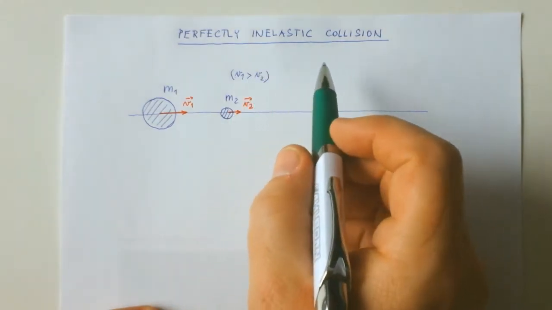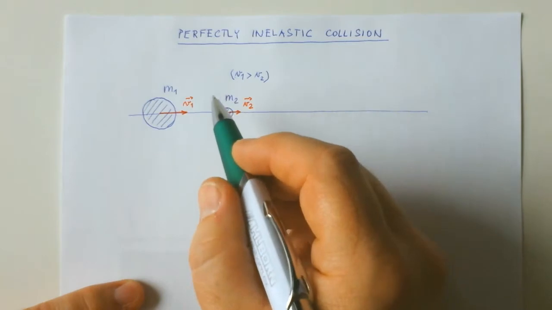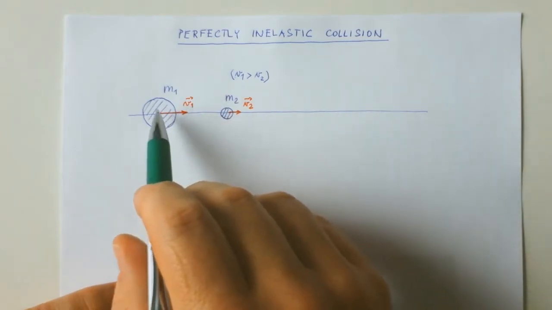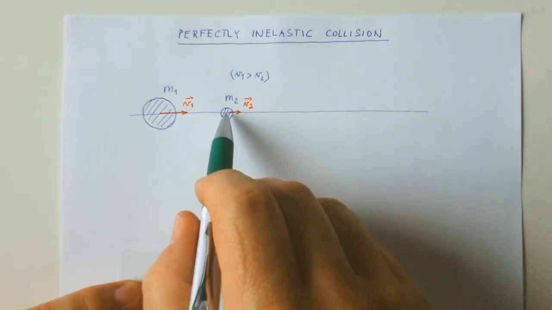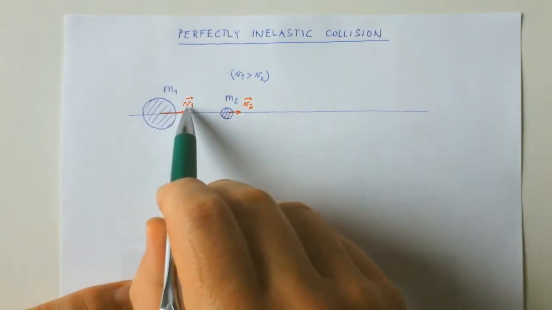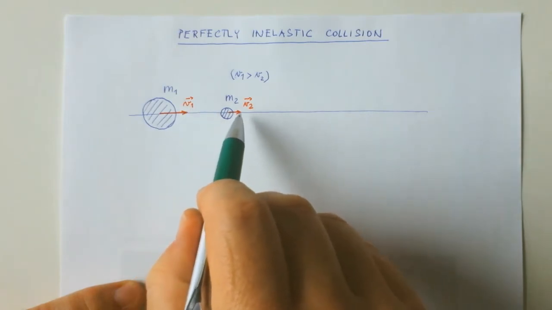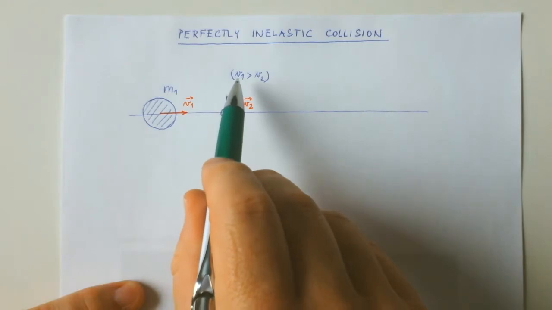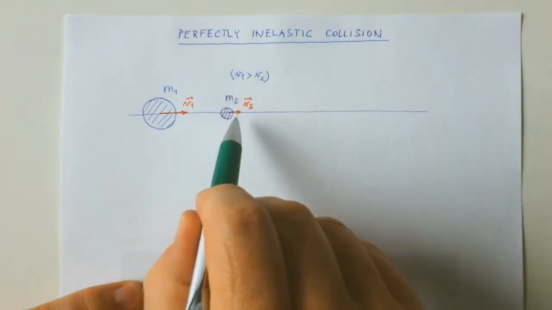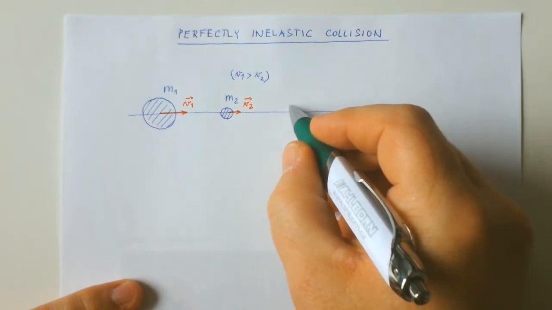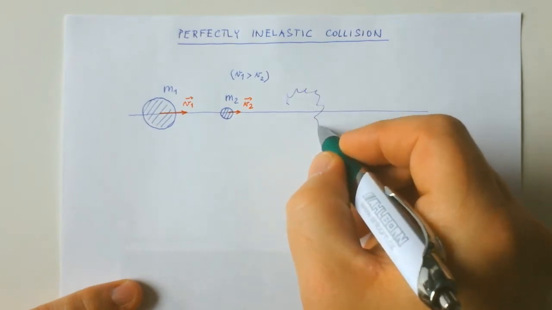In a perfectly inelastic collision, we consider two particles, m1 and m2. The velocity of particle 1 is v1 and the velocity of particle 2 is v2. Since v1 is greater than v2, at some time the collision happens.